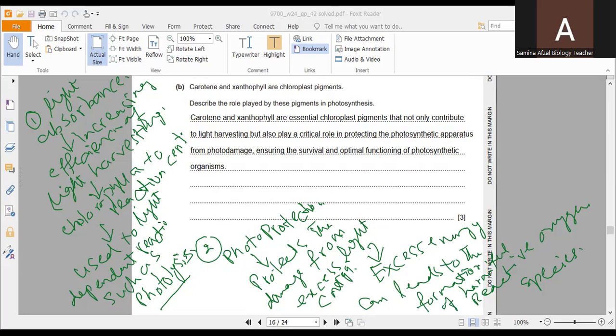In this way, they protect the plants, they protect the photosynthetic parts of the plants.